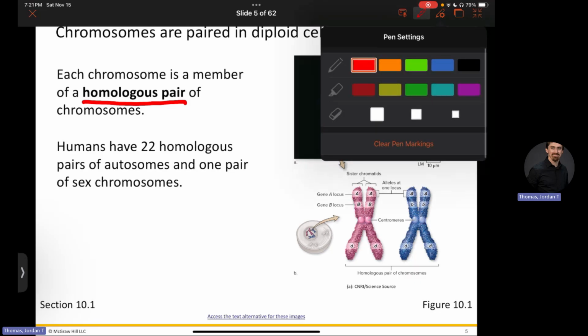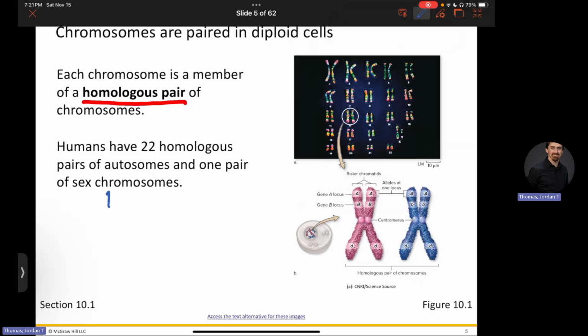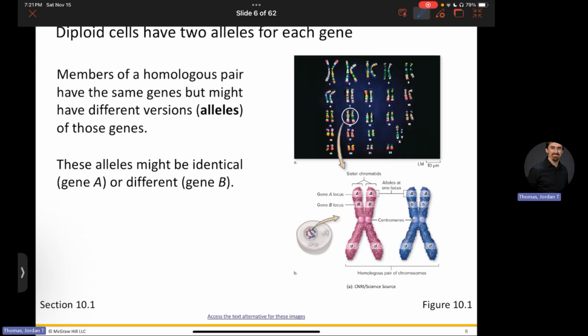Remember, our sex chromosomes are X and Y. In males, that's X, Y. And in females, that's X, X. All the other chromosomes are autosomes. So we have 22, it's really 23 pairs of chromosomes altogether. Each chromosome has the same set of genes, but could have variations in the gene. That's what we're going to go over next.